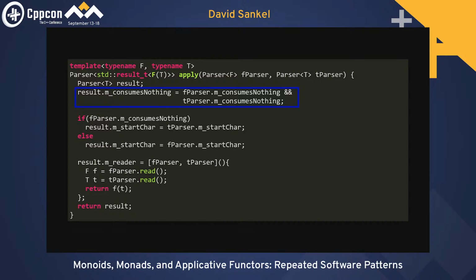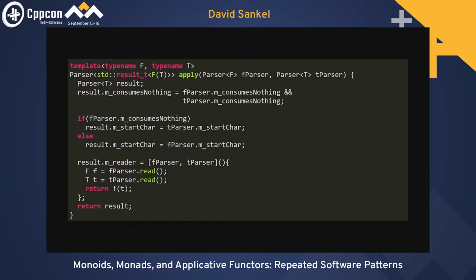Consumes nothing would only happen if the function parser consumes nothing and the t parser consumes nothing. Now let's say the function parser consumes nothing. So the start characters are going to be equal to the value parser start characters. Otherwise, the start characters are going to be the function parser start characters.